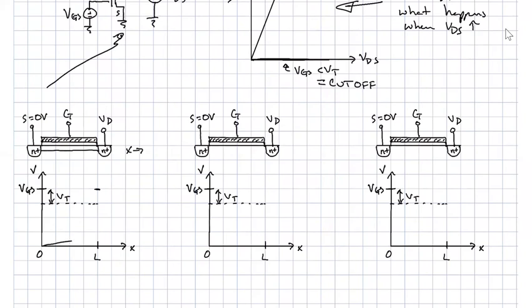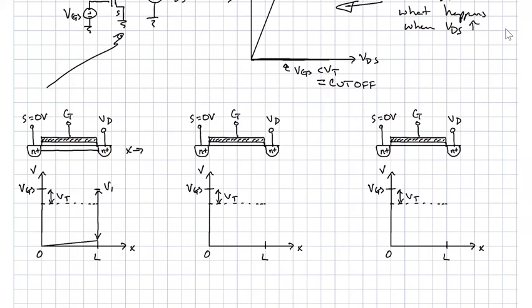So let's say that's our voltage changing. Let me just annotate it and I'll go through it. So when VDS is small, what we end up having is VGD.